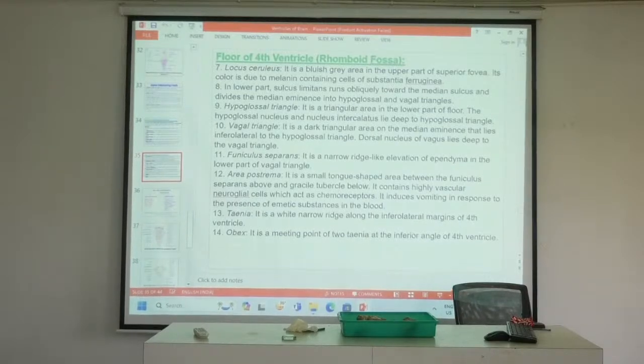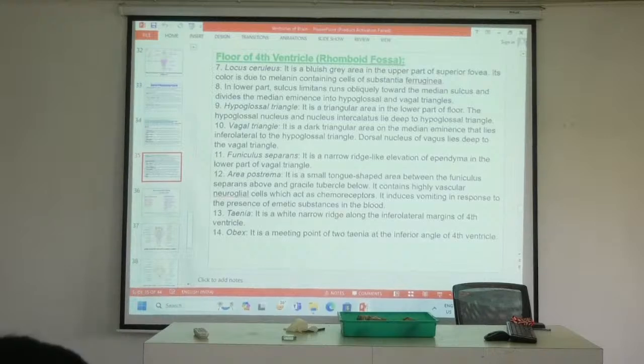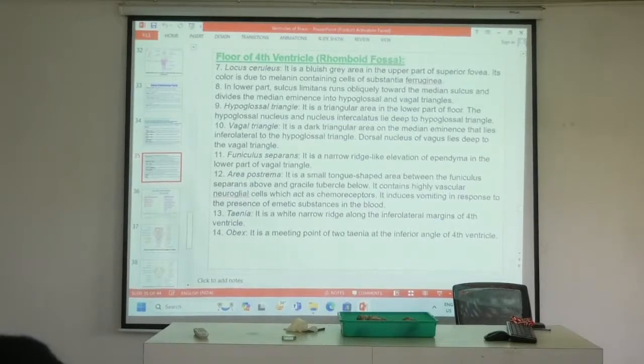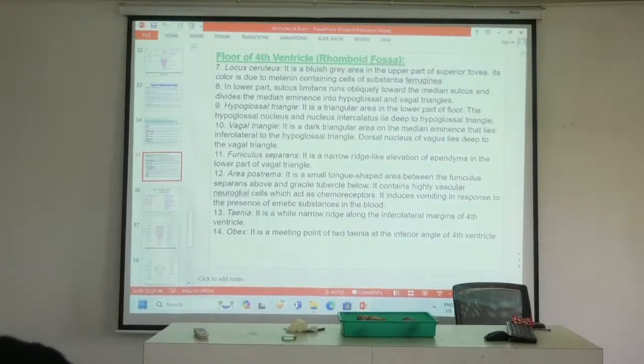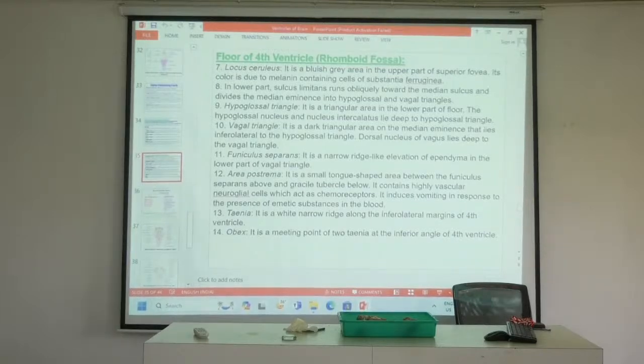The hypoglossal triangle is a triangular area in the lower part of the floor, and the hypoglossal nucleus and nucleus intercalatus lie deep to it. You have seen in the picture. The vagal triangle is a dark triangular area on the median eminence that lies inferolateral to the hypoglossal triangle. The dorsal nucleus of the vagus lies deep to the vagal triangle.